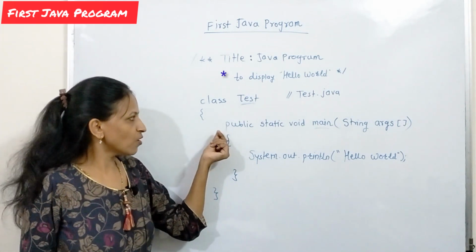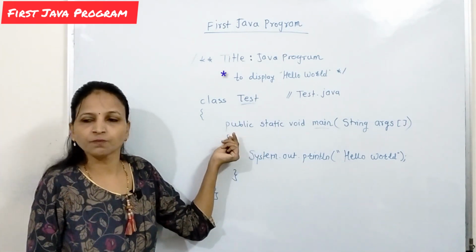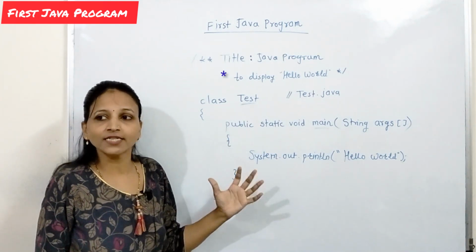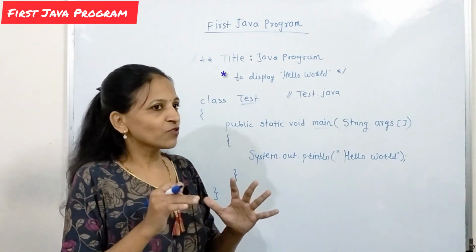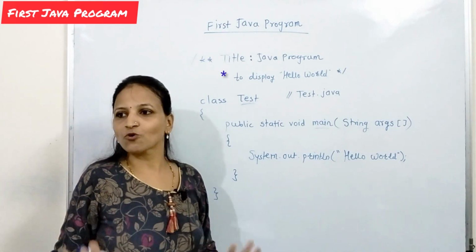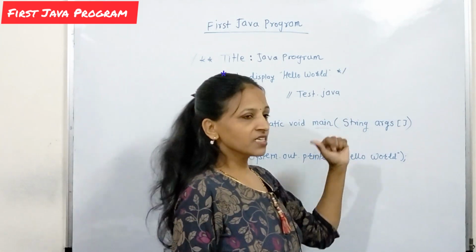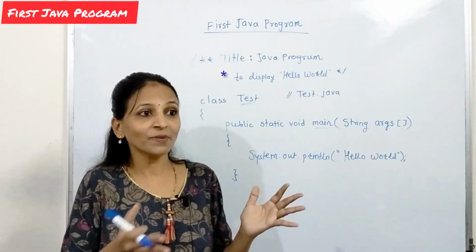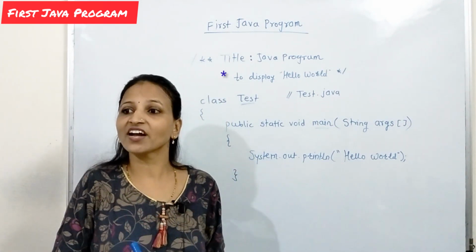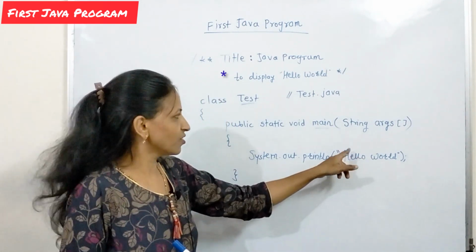Here you compulsorily have to write public in small case. This P should be small, which means all the inbuilt keywords, whatever keywords there are, are all in small case letters. But String is a class, a name given to an inbuilt class, and this is called a predefined identifier. This is not a keyword.